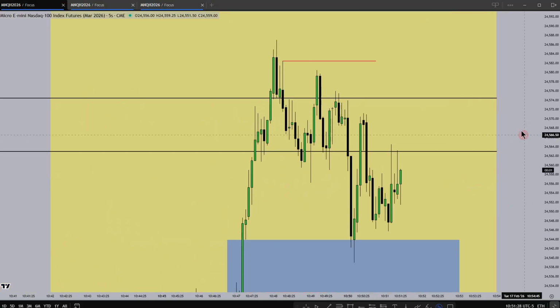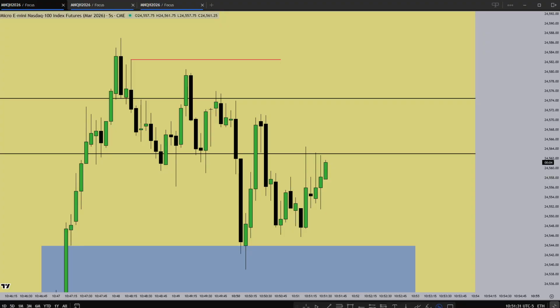On the lower time frame, it's still very wicky. They're opposing candles, but we're not closing nicely.